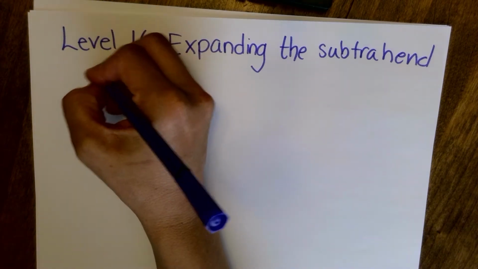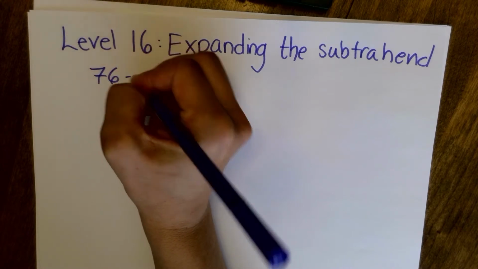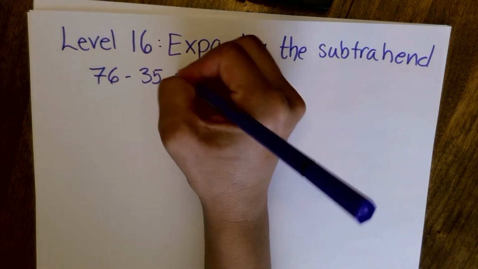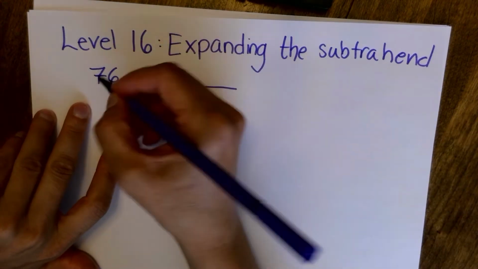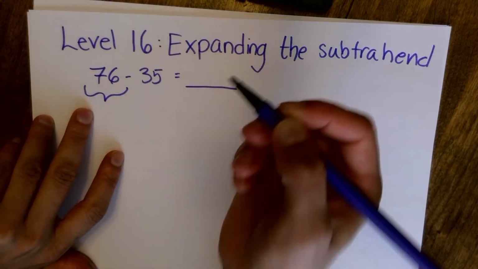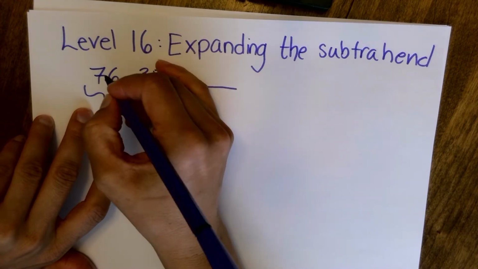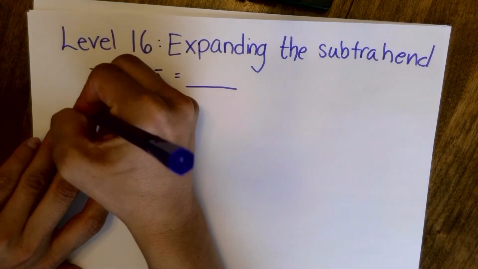If we have an equation like this, 76 minus 35 equals something, we're not sure yet. The large number that we're taking this number away from is called the minuend.